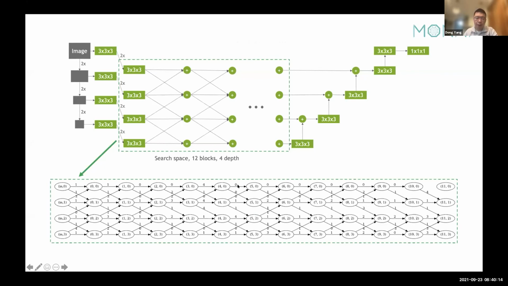The numbers on the edges indicate different operations: 0 means skip connection, and 1, 2, 3, 4 mean different versions of the convolution. After this differentiable searching process, you will reach an architecture like this.